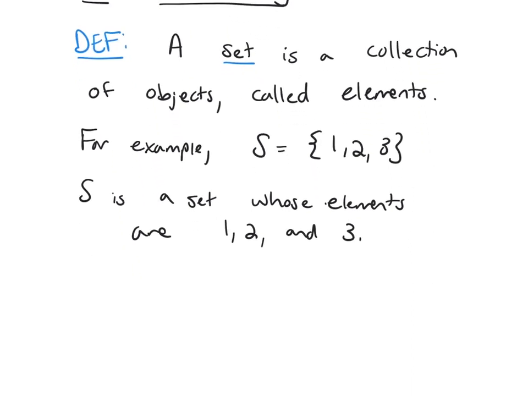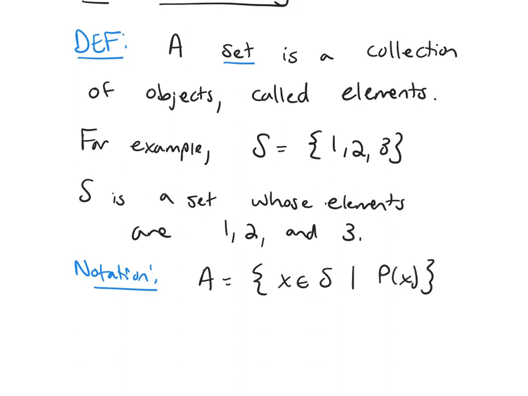As you saw, the notation that we use for a set is curly braces, and we can use the notation that we've used previously: the collection of x in S such that P of x.